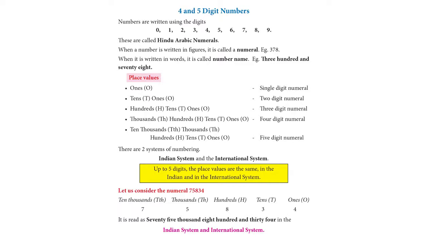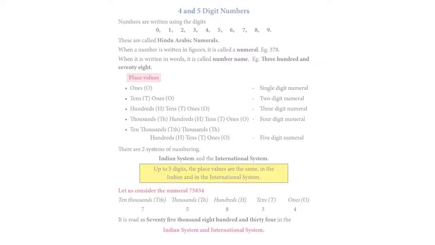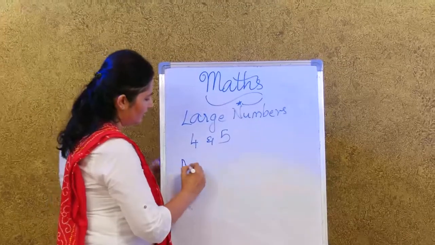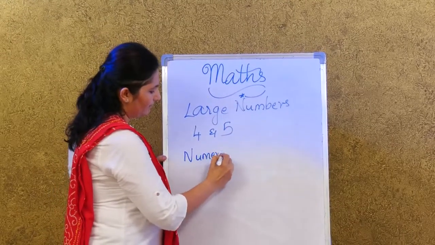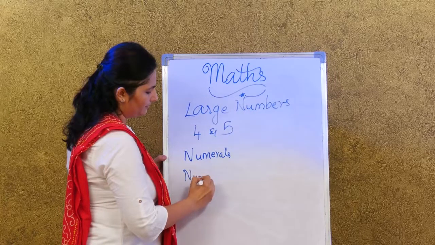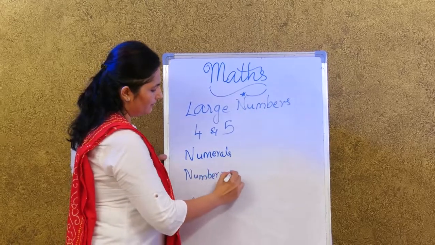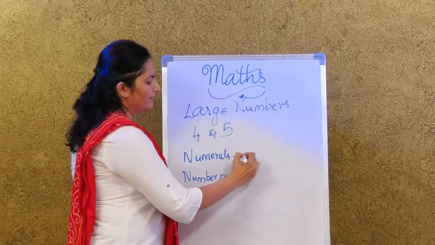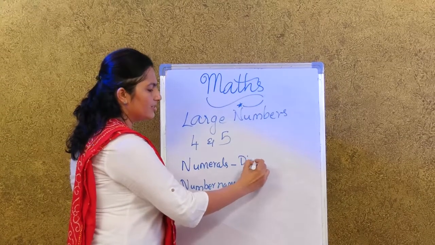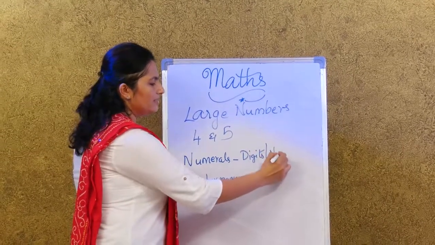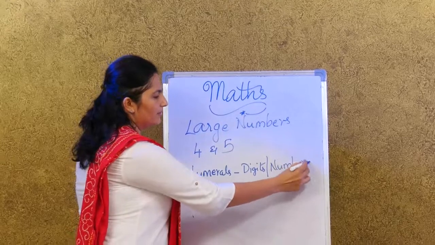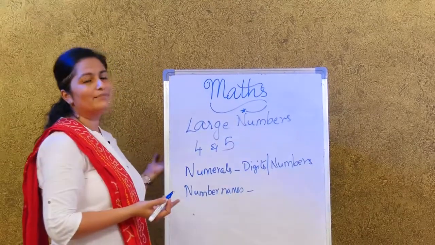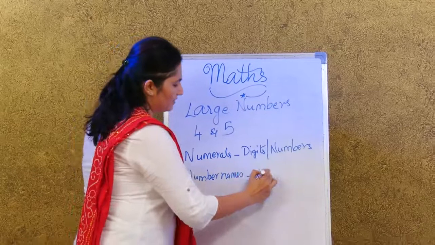So, when it is in written words, it is called number names, and when it is in numbers and digits, it's called numerals. It's easy, right? Numerals are in digits or numbers itself, and number names are written words.